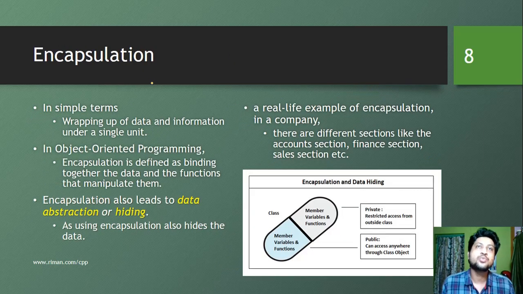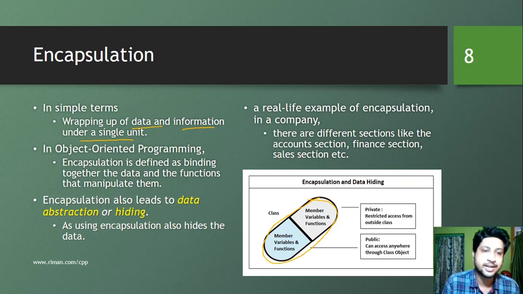Encapsulation is one of the important concepts in object-oriented programming. If we simply say what encapsulation is, it means wrapping up of data and information under a single unit. In object-oriented programming, it means binding the member variables and member functions together. That is what we learned in class, right?